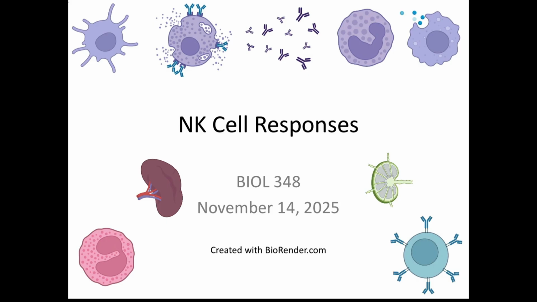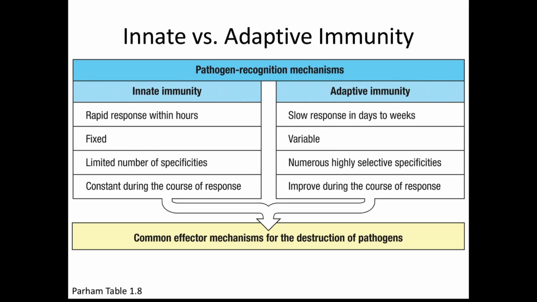So I have avoided NK cells quite a bit throughout the semester. And in thinking about NK cells and the way I want to frame our thoughts about them, we need to go way back to the beginning of the semester and think about innate versus adaptive immunity. This slide and the next slide are ways that we are going to think about defining innate versus adaptive immunity.